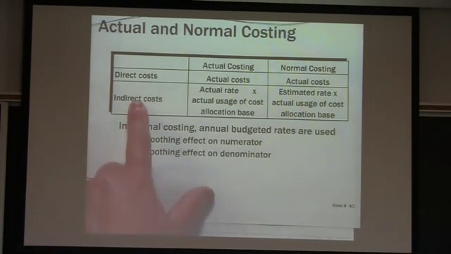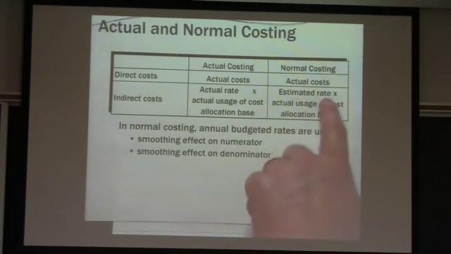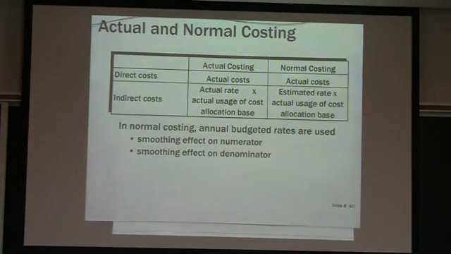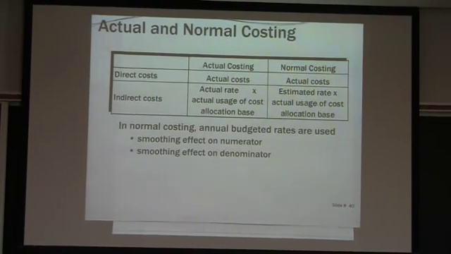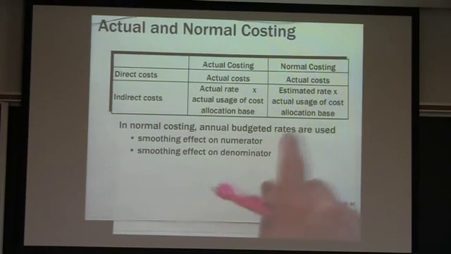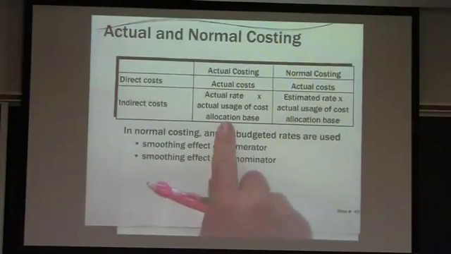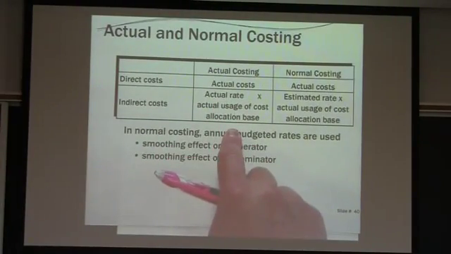But for indirect costs, such as manufacturing overhead, we're going to use an estimated rate based on a budgeted estimated number of total overheads divided by, in our case, either budgeted machine hours, budgeted labor hours, and in ABC's case, budgeted labor cost. So that gave us a rate times the actual usage of that cost allocation base. So that's what normal costing is, whereas in actual costing, we use actuals.